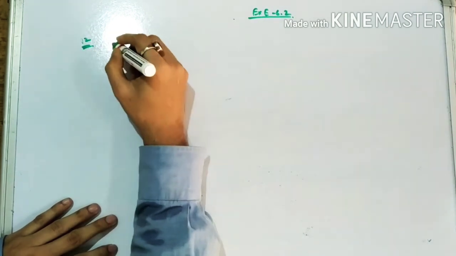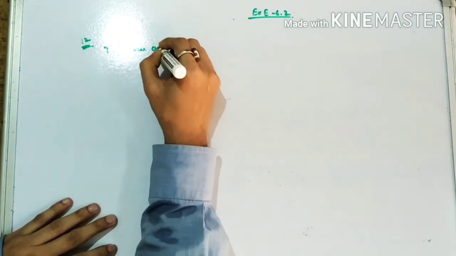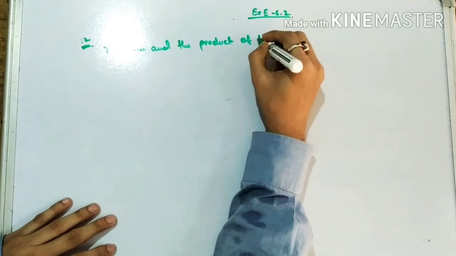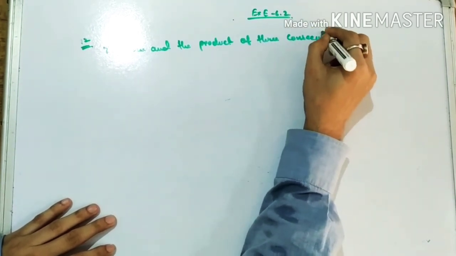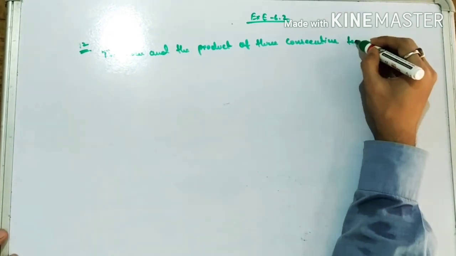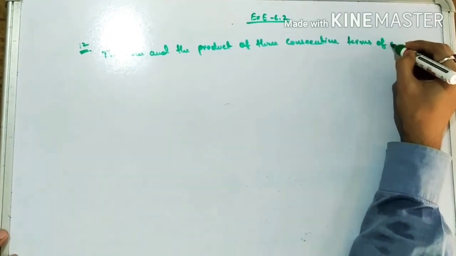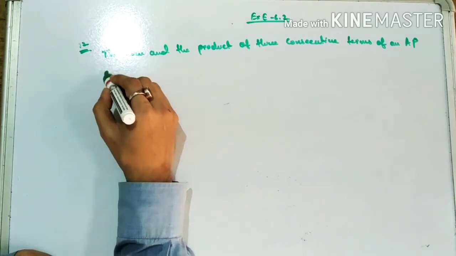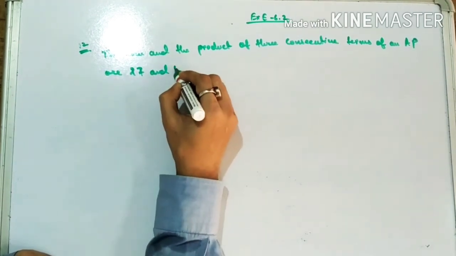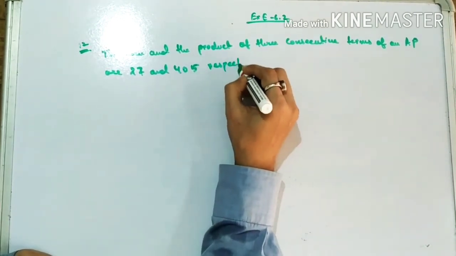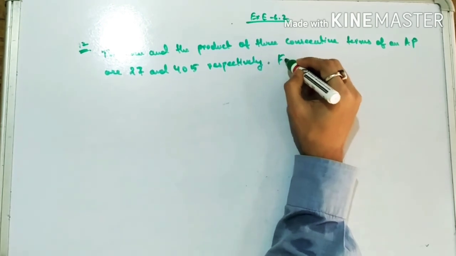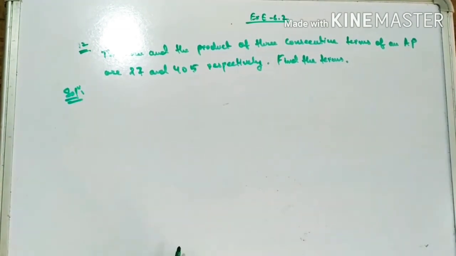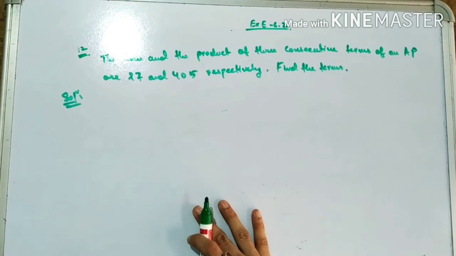So question number 12, you see it is saying the sum and the product of three consecutive terms of an AP are 27 and 405 respectively.